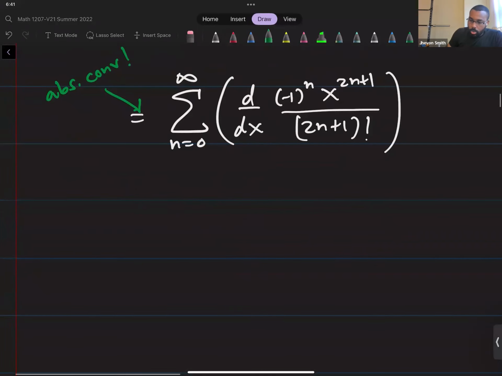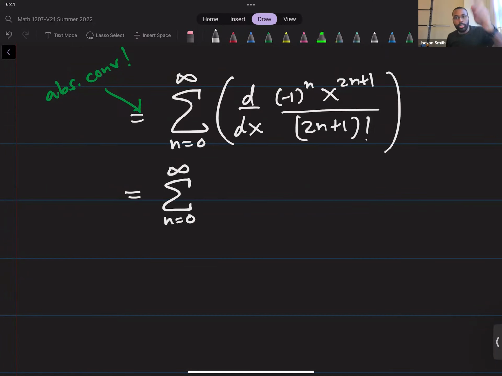Okay. Now what would happen if I differentiate this? Well, the power rule would apply, right? Everything with an n in there is a constant because I'm doing d dx, the derivative with respect to x. So only x is the variable. So it's just x to some power. So the derivative of that is bring the power down, subtract 1 from the power.